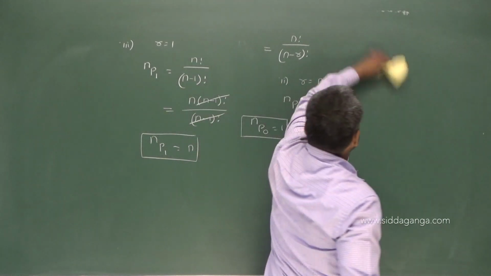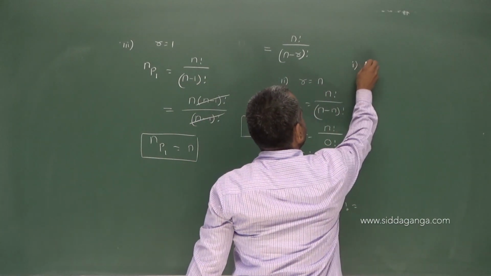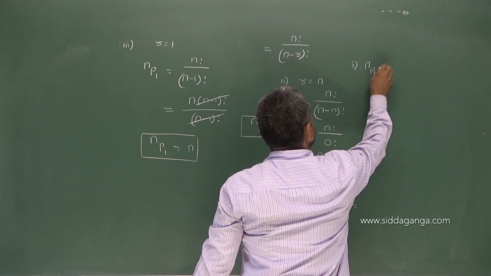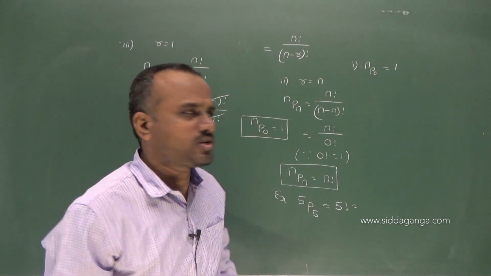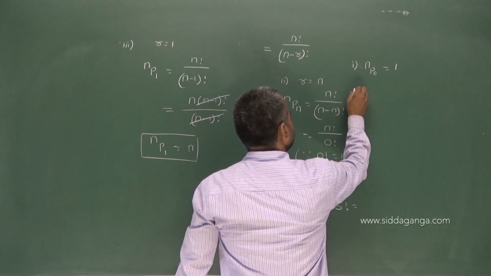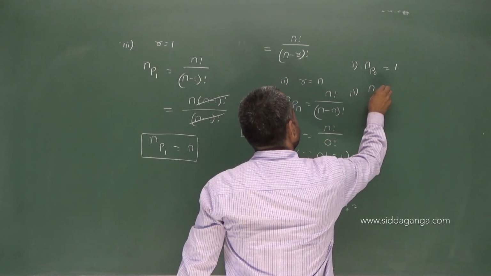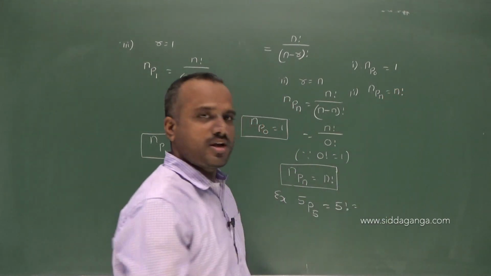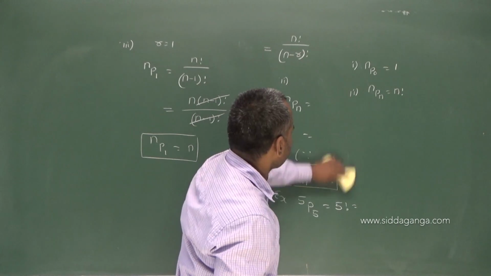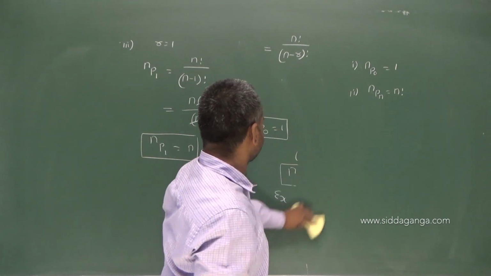First result: if r is 0, nP0 is 1. Second result: nPn is nothing but n factorial.